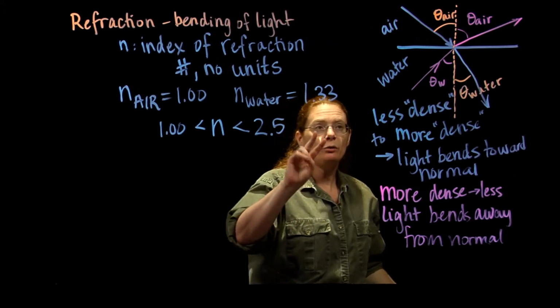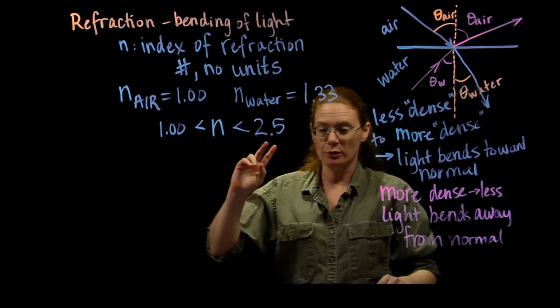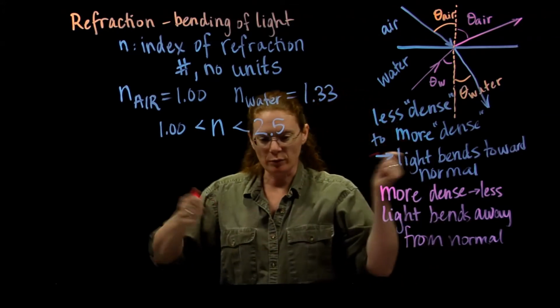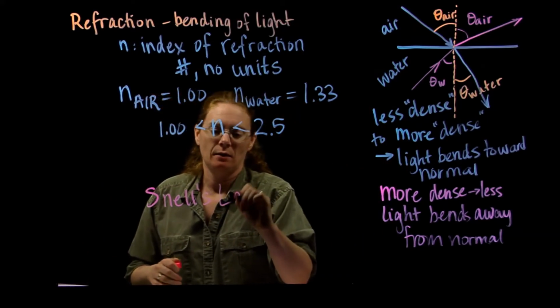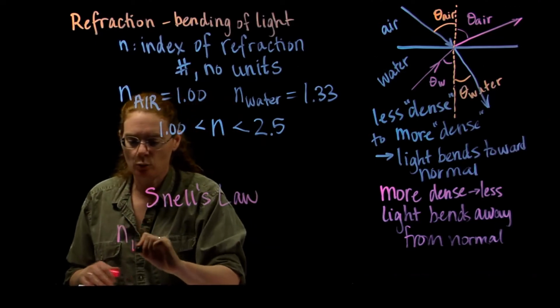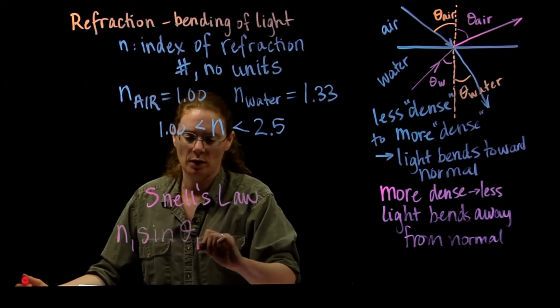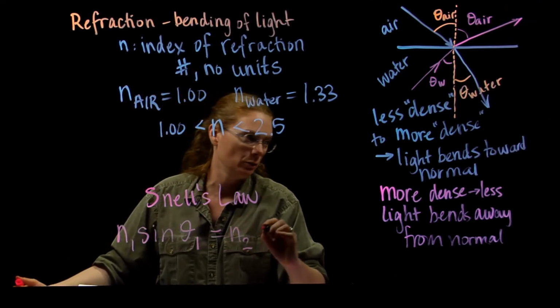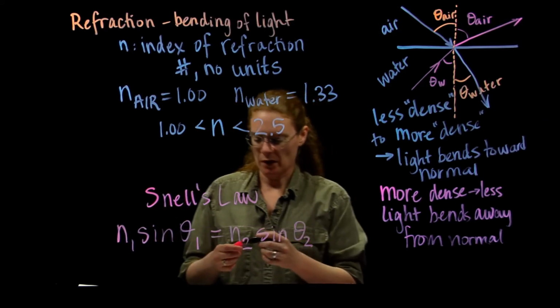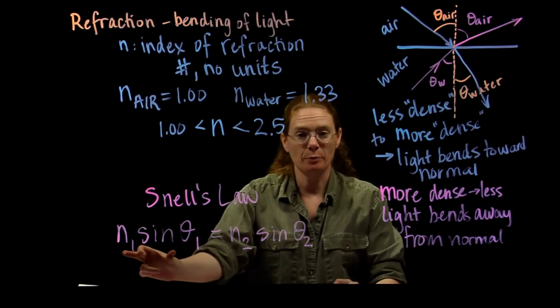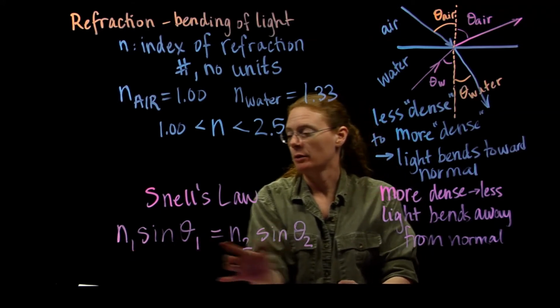And those two variables lead us to Snell's Law, which is this great symmetric thing. n1 sine theta 1 equals n2 sine theta 2, where n1 is for the first material and n2 is for the second material.